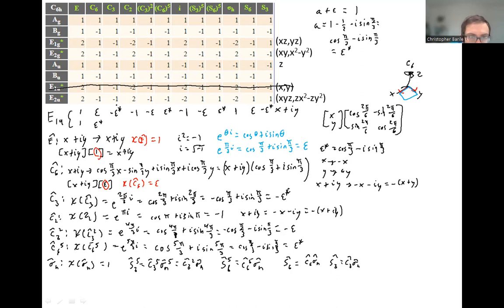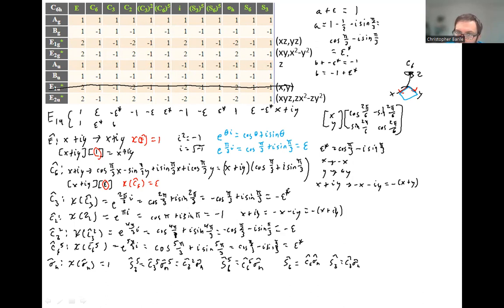And you can do a very similar thing for all of these. In this case, if we call this b, we're going to have b plus the negative of the complex conjugate of epsilon equals -1. So that means b equals -1 plus the complex conjugate of epsilon.